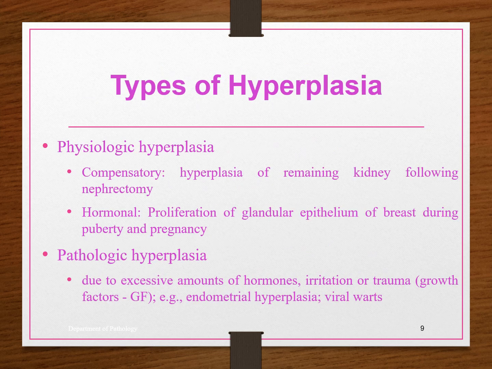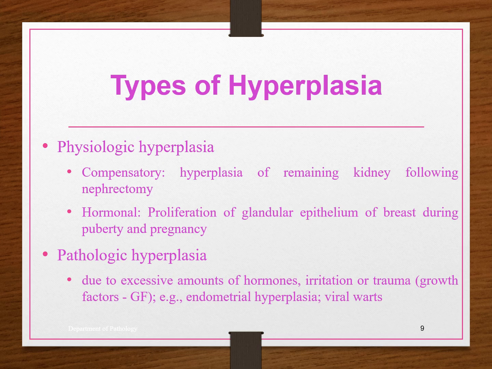Types of hyperplasia: physiologic hyperplasia, pathologic hyperplasia. Again, physiologic hyperplasia can be because of compensatory or hormonal. Compensatory example is hyperplasia of the remaining kidney following nephrectomy.